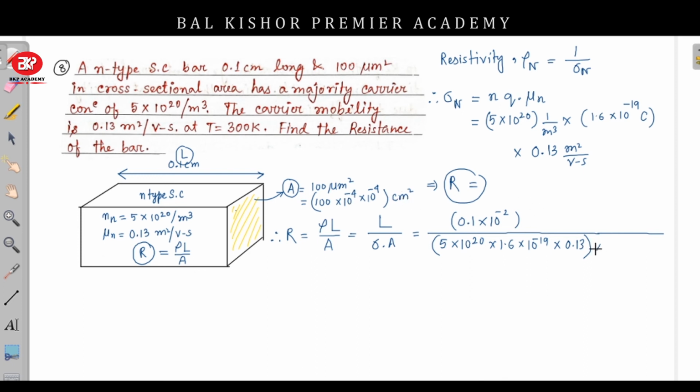So it will come out to be 100 into 10 to the power minus 6 and minus 6, दो minus 6 आएंगे, so it will be 10 to the power minus 12.